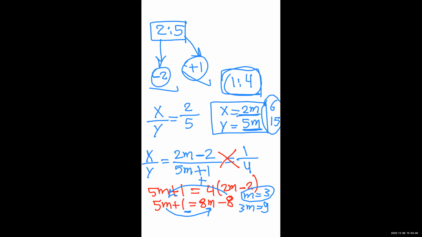The first question: complete the following if A and B and C and D are proportional quantities.